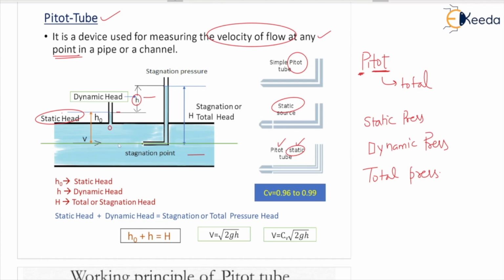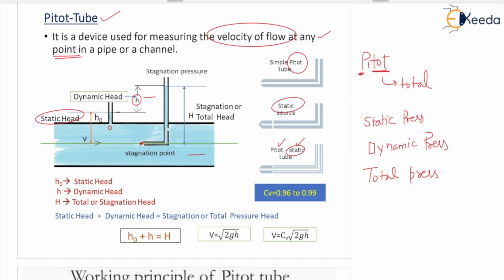So what happens here? The stagnation point is here. It works on the principle that when the velocity at a point becomes zero, the pressure there is increased due to conversion of kinetic energy into pressure energy. So all the kinetic energy at this point becomes zero, and the pressure will increase.